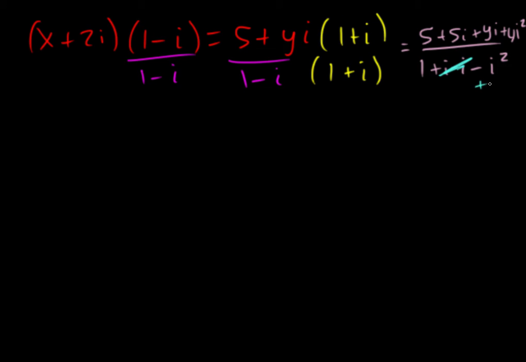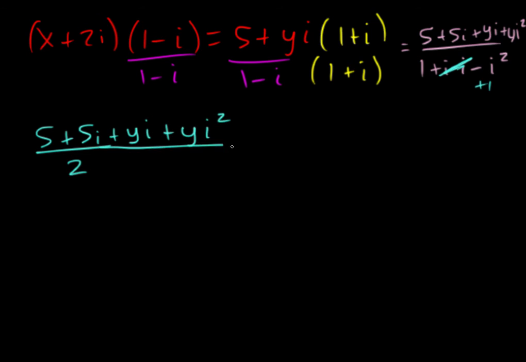This is really just a positive 1. 1 plus 1 is 2. And this is going to be 5 plus 5i plus yi plus yi squared. Alright. That's kind of messy. So I'm now thinking that I approached it a little bit incorrectly.